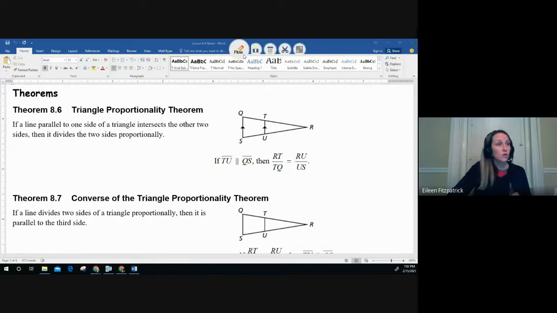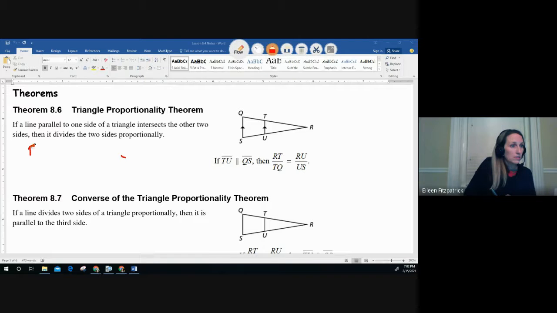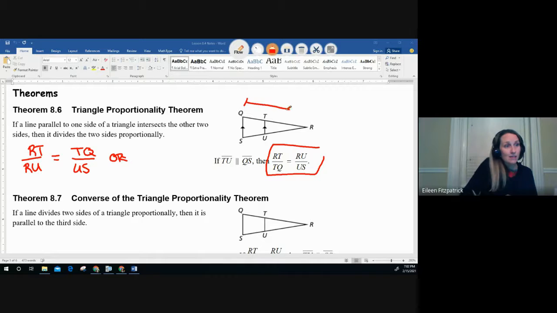Okay. You could also say that RT to RU is equal to TQ over US. Or you could also say this entire length, we can name that QR.